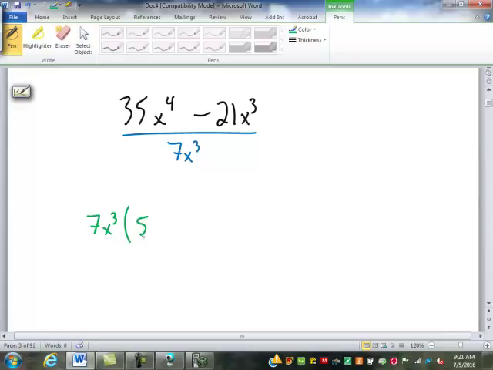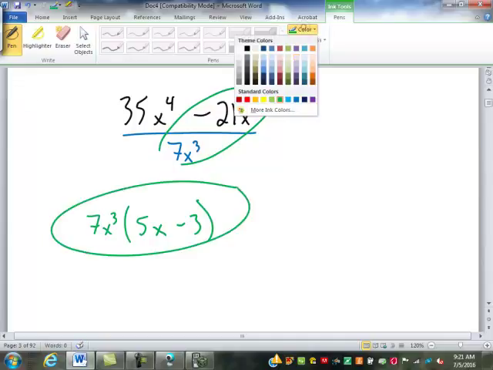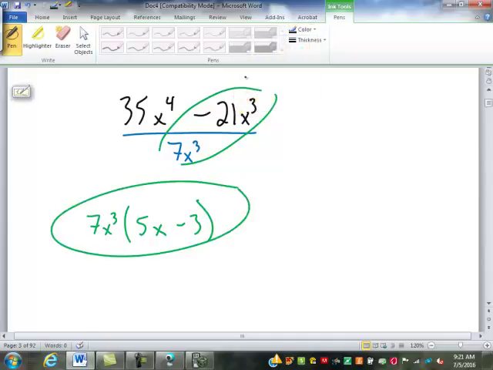X to the 4th divided by x to the 3rd. Well, x to the 4 minus 3 is 1, so just x, or x to the 1 if you wanted to. And then negative 21x to the 3rd divided by 7x to the 3rd. Negative 3. That's it. Anybody have that?